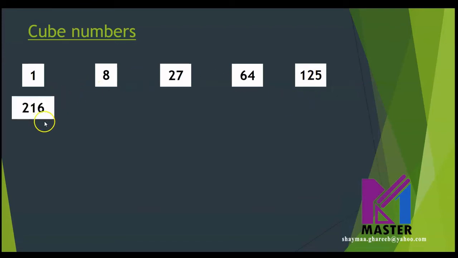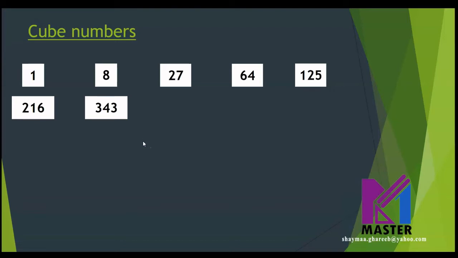What about number 6? 6 times 6 times 6, 216. 6 times 6, 36. 36 times 6, 216. What about number 7? 7 times 7 equals 49. 49 times 7 equals 343. What about number 8?